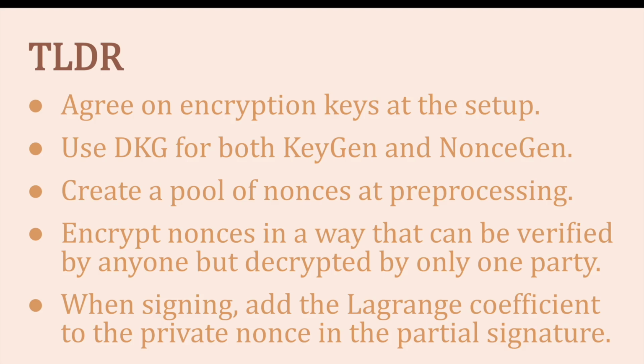And when we sign the message in the partial signature, we add the Lagrange coefficient. Typically in Frost we add that to the private secret share of the group key. Here we add that not only to the group key secret share, but also to the private nonce share, in the partial signature.